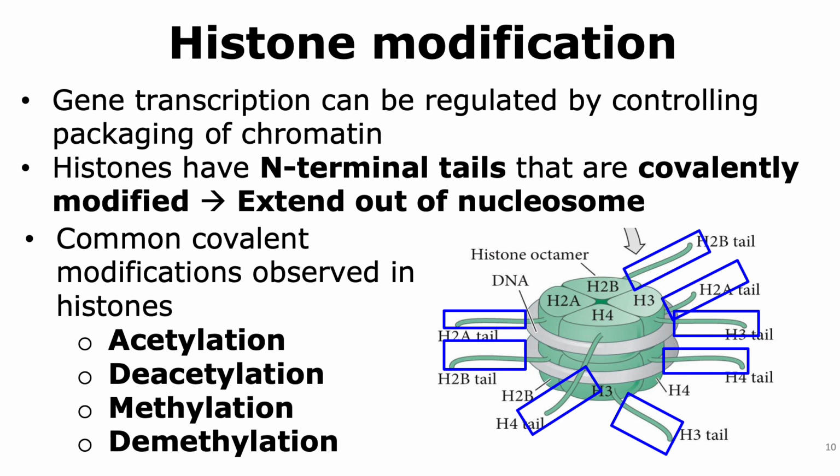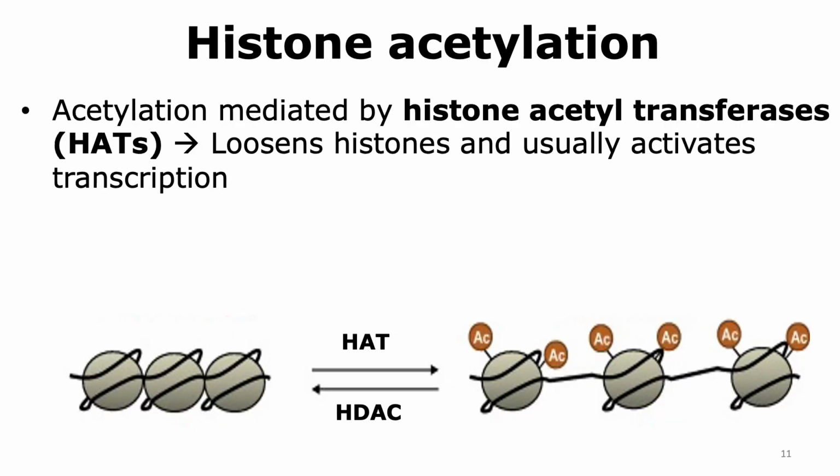The most common covalent modifications observed in histones are acetylation, deacetylation, methylation, and demethylation. So let's have a quick look at what happens in these modifications. In the case of histone acetylation, an acetyl group is attached to the N-terminal tails of some of the histones.